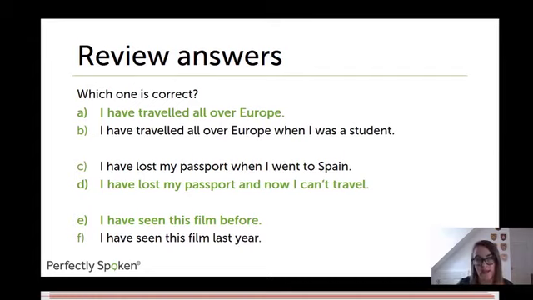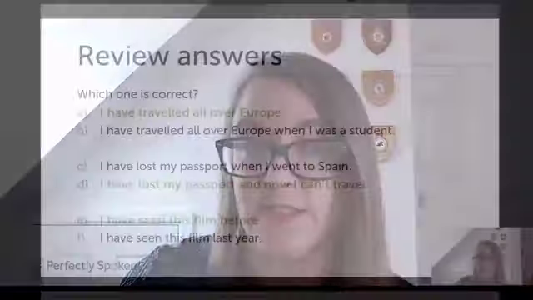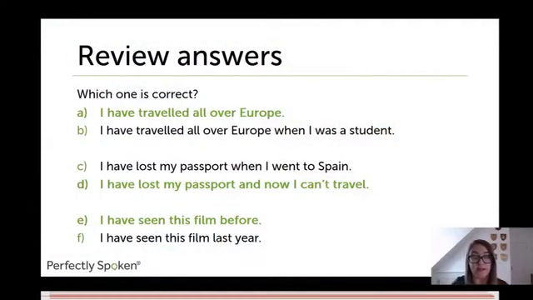Well, the key point here is that in sentence B, you say, when I was a student. So this is something that is in the past. I was a student. This tells you it's something that's finished. So in that sentence, you don't need a present perfect because it's something that's finished in the past. You just need past simple. Sentence A, on the other hand, is talking about your experience. I have travelled all over Europe.